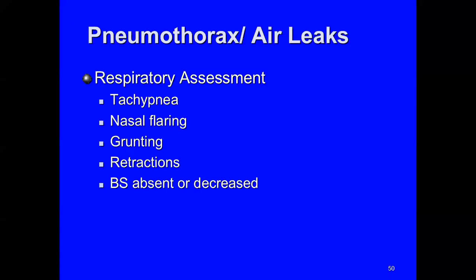Respiratory assessment: how we can diagnose a case of pneumothorax or air leaks. We can see the baby is tachypneic, showing nasal flaring and grunting, and retractions.